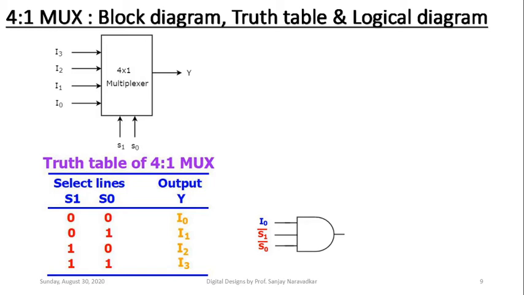So for this AND gate, where there are 3 inputs here, I want to steer I0 to the output of that multiplexer here. But when that I0 will be available to the final output, see that truth table, I0 will be available to final output when S1 and S0 both are 0 0. That's why this AND gate will be having 3 inputs, I0 along with S1 bar and S0 bar.